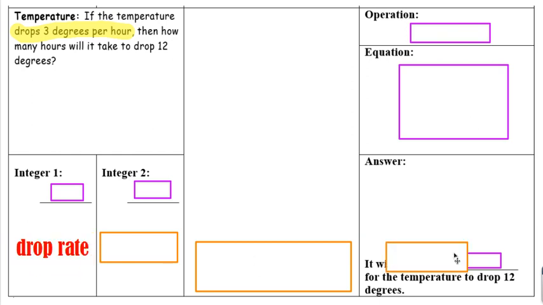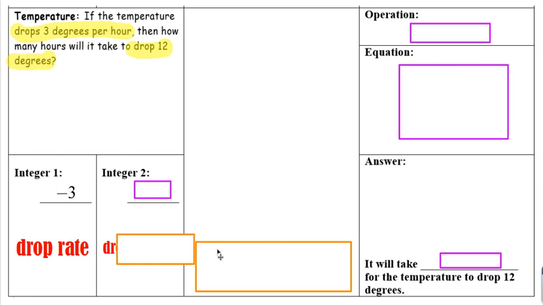Because it says the word drop, and it's a dropping speed, the first integer has to be negative, and it's negative 3. Now the second part, it says, how many hours will it take to drop 12 degrees? The word drop means negative again, so our second integer is also negative, which is negative 12.